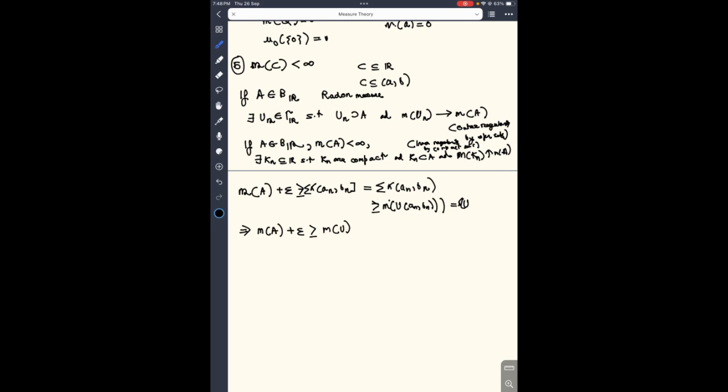U covers A. So clearly, for every epsilon we get an open set U so that M(U) minus M(A) is less than epsilon. That is, M of U minus A is less than epsilon.